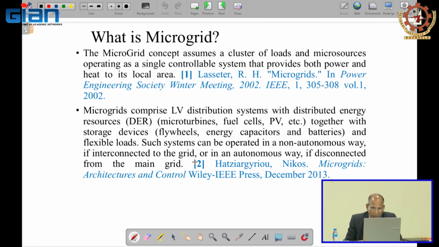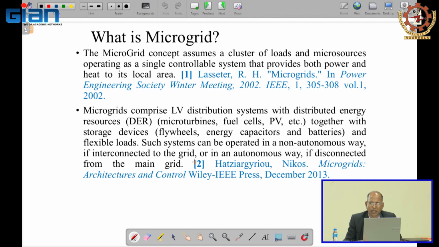So here, as per this second definition, the microgrid has generation sources in terms of renewables, wind, photovoltaics, small, mini, micro hydro; it can have any source depending upon availability of the natural resources.